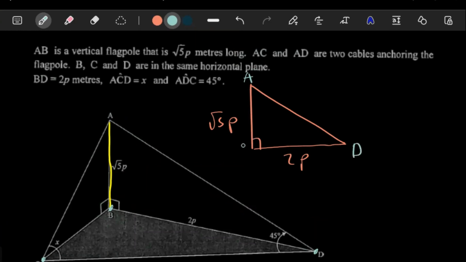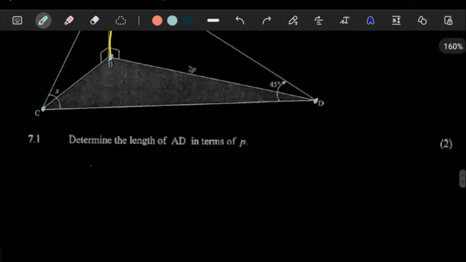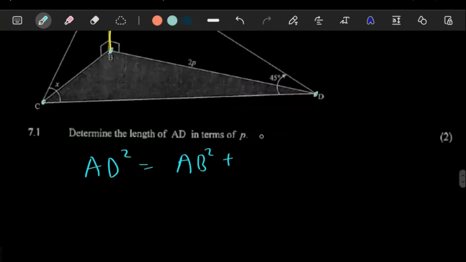So we have to work out AD, using Pythagoras, right? So we know that AD squared is equal to AB squared plus BD squared.